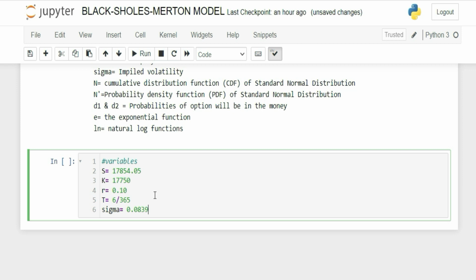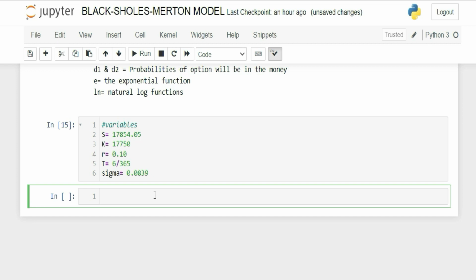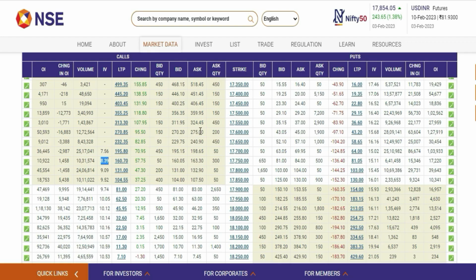If I have all these, then I can calculate the call option price and the put option price, and then compare with the option prices here. For 17,750, the call option price is 160 and the put option price is 81. If we can calculate that, that means we are calculating correctly.